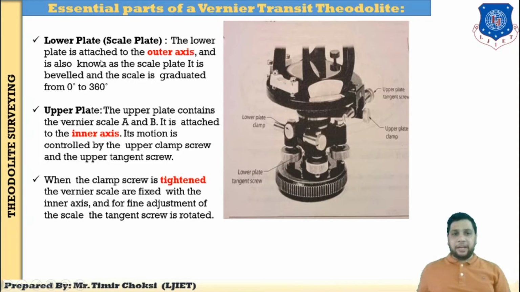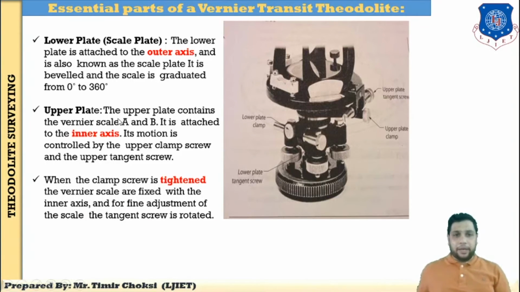It is attached to the outer axis. It is beveled and the scale is graduated from 0 to 360 degrees, so the reading on the lower plate, or scale plate, is 0 to 360 degrees.